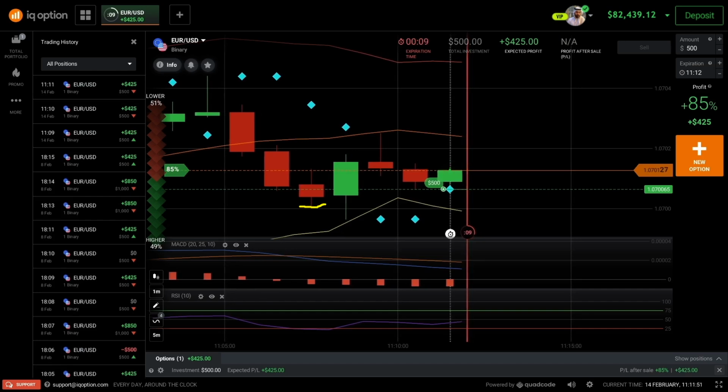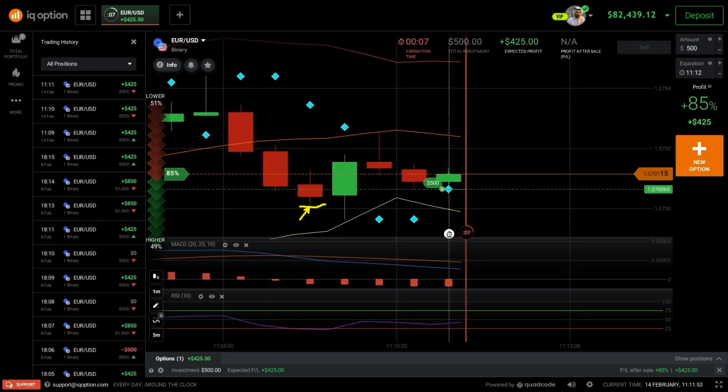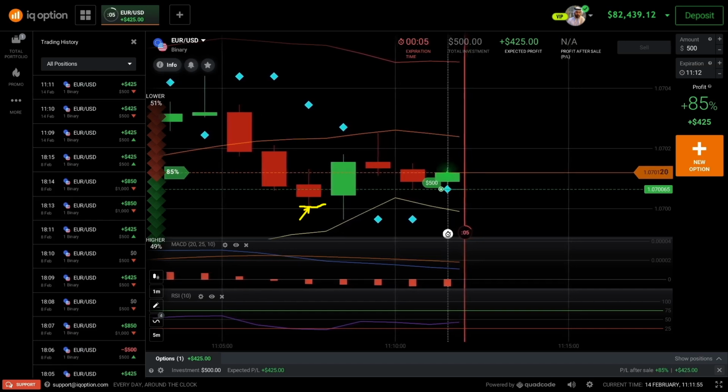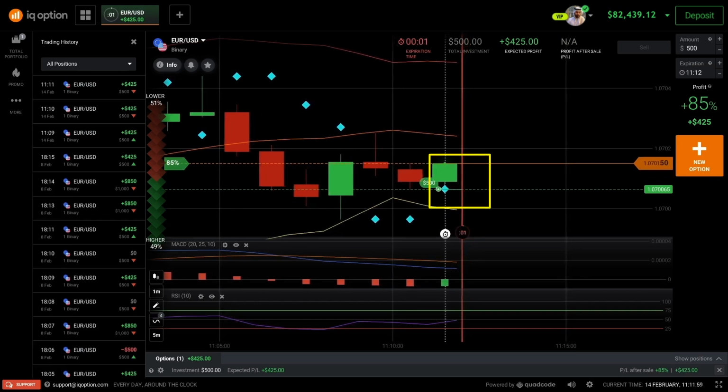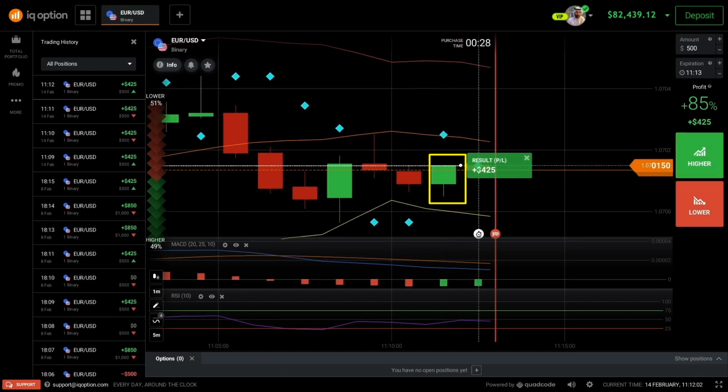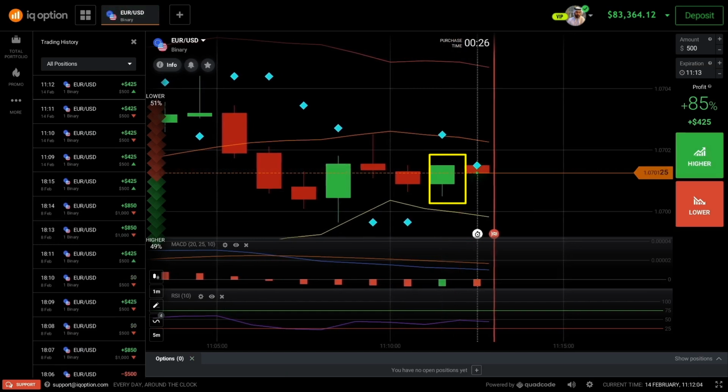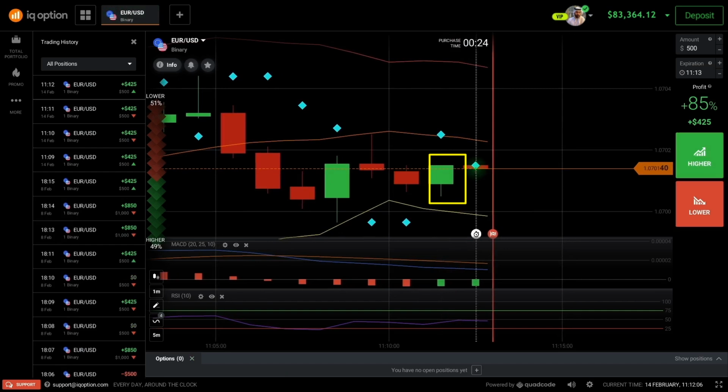If I opened here, I would be winning. Even if the candle is red, I would be winning. So same thing here. A long position, a green candle, and the win. Let's go. The next one.